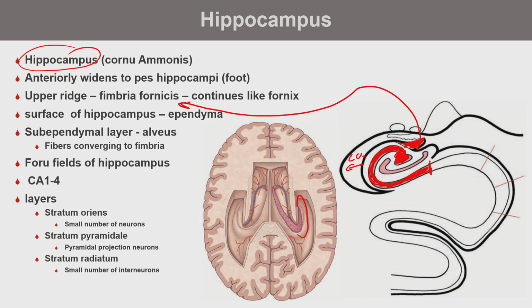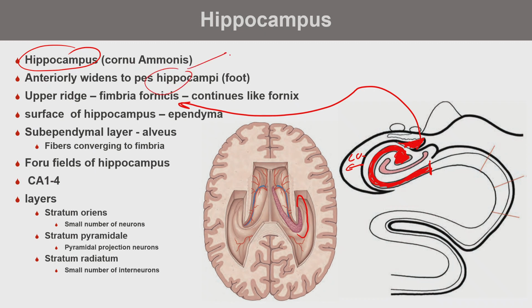Fimbria is white matter which takes the axons from the hippocampus and continues then like a phalanx, the white matter communication structure. And then the phalanx, we know, is associated with the hypothalamus. So then it is able to transmit the information between the hippocampus and the hypothalamus.